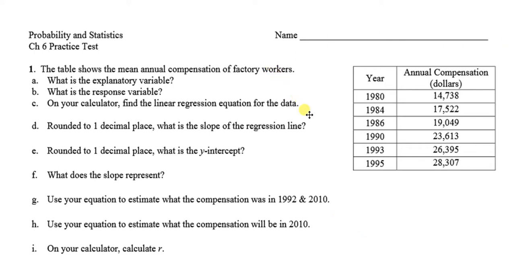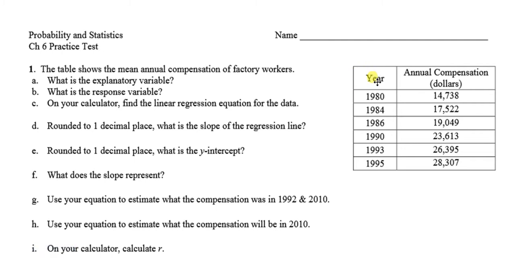Here is how you work these linear regression problems. So here is the practice test, blank copy, and a pretty similar type of problem will be on the regular test. A lot of this gets done on the calculator.